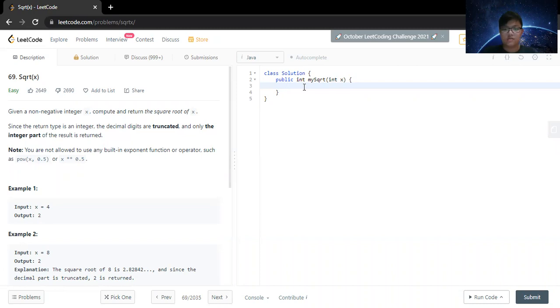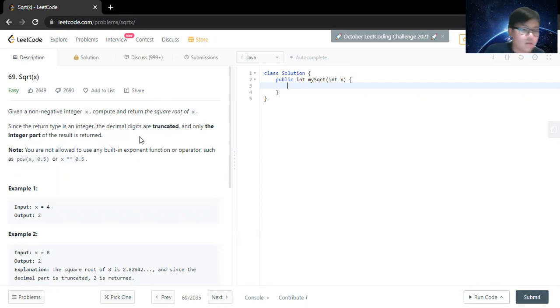If you have square root of 5 and let's just say it's 2.4, then it's going to round down because it's truncated. So you only want an integer.